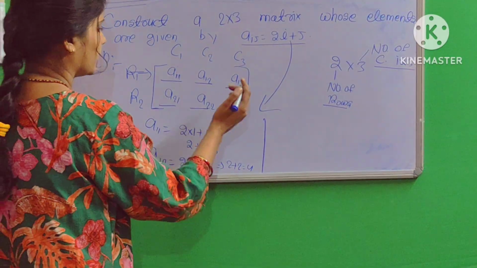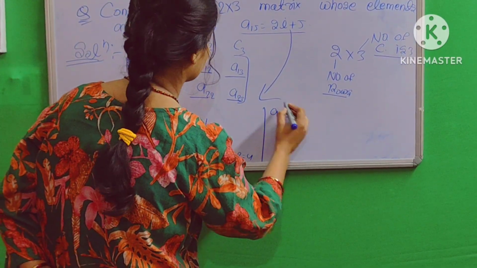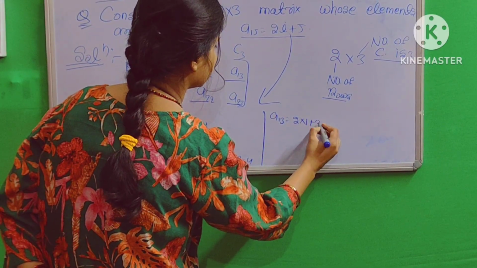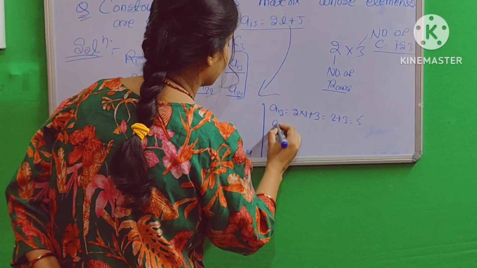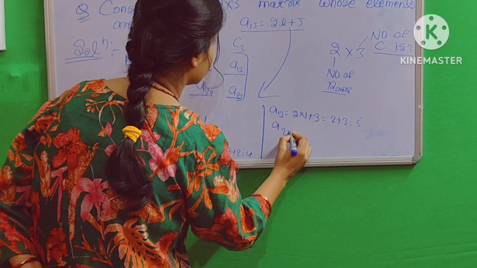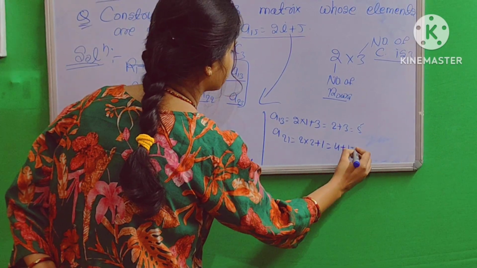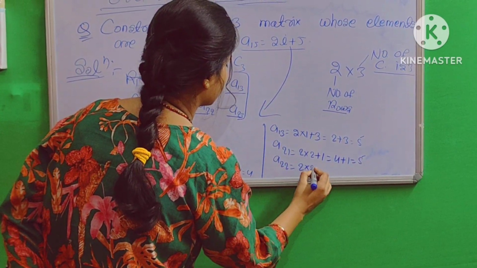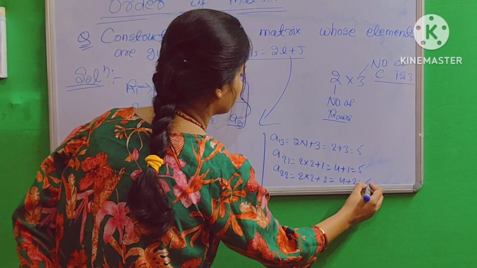Again here A13 is equal to 2 into 1 plus 3. 2 plus 3 is equal to 5, and A21 is equal to 2 into 2 plus 1. 4 plus 1 is equal to 5. A22 is equal to 2 multiply 2 plus 2, which is 4 plus 2, equal to 6.